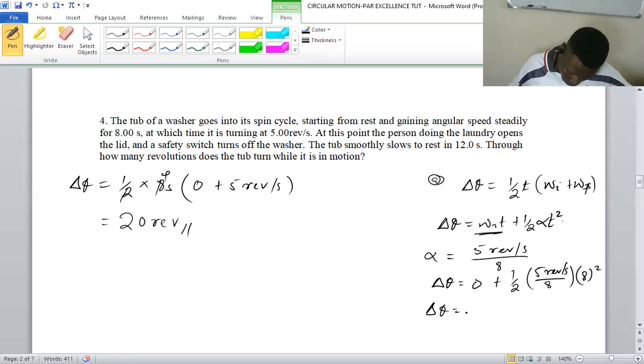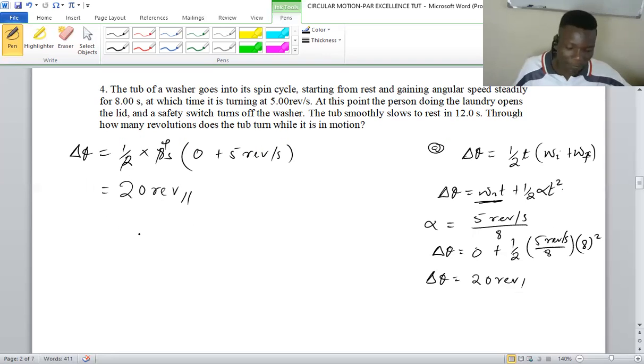So we have 8 squared, that is 64, and then we multiply by 5 over 8, then we multiply by a half, and that will give us 20 rev as well, which is the same as that. So you can use either this way or the other way. Okay, so I've shown you both.